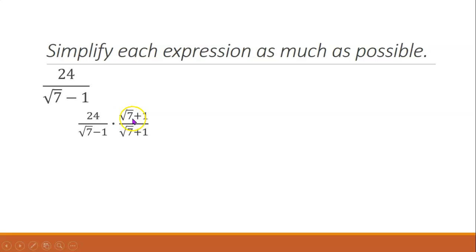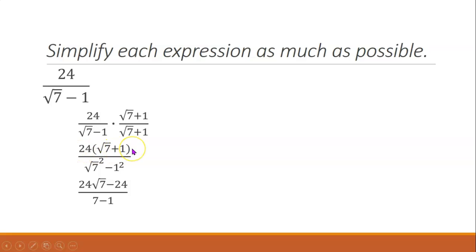So when we multiply by the square root of 7 plus 1 on top and on the bottom, on top we get 24 times the quantity square root of 7 plus 1. And on the bottom, if we multiply it out, we get a difference of 2 squares. We get the square root of 7 times itself, the outside and the inside cancel, minus 1 times itself.